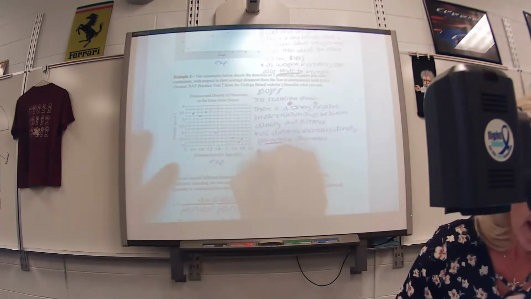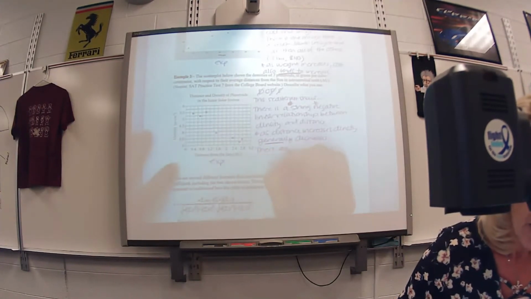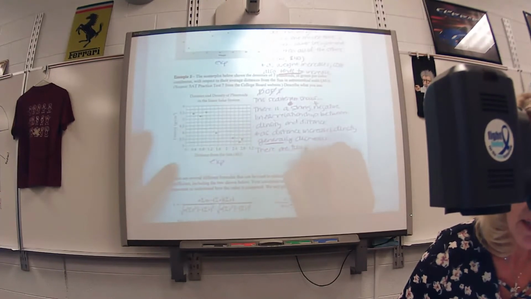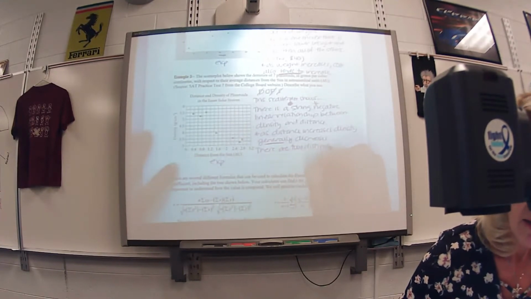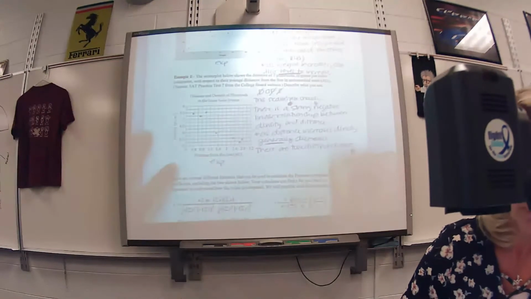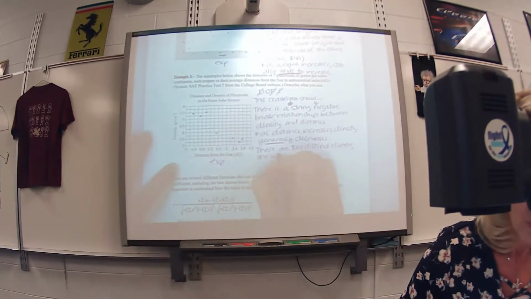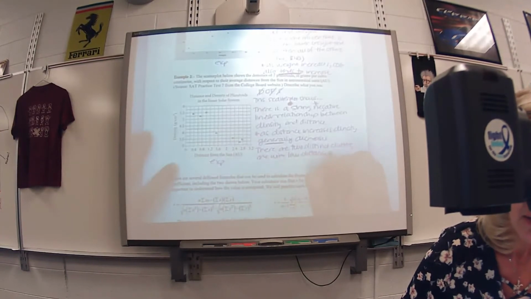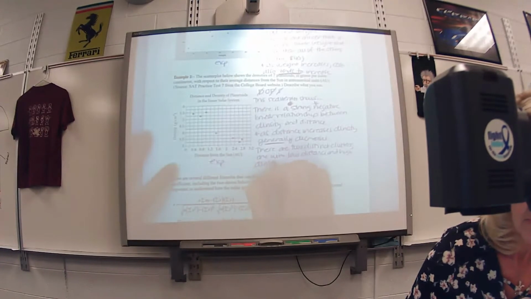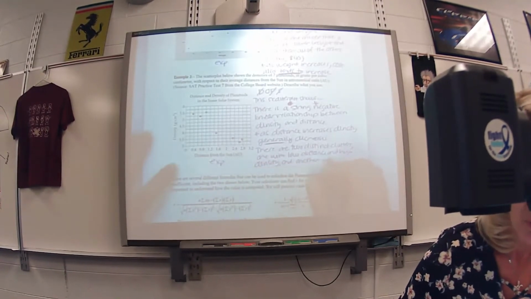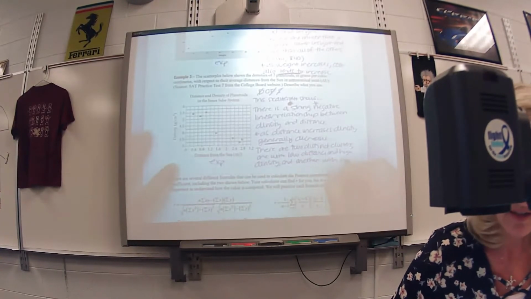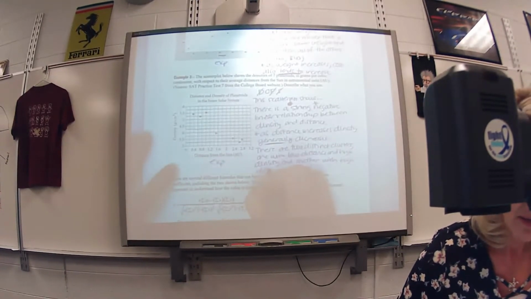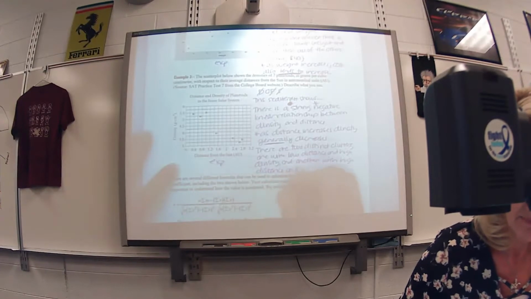I would probably say there are two distinct clusters, one with low distance and high density, and another with high distance and low density.